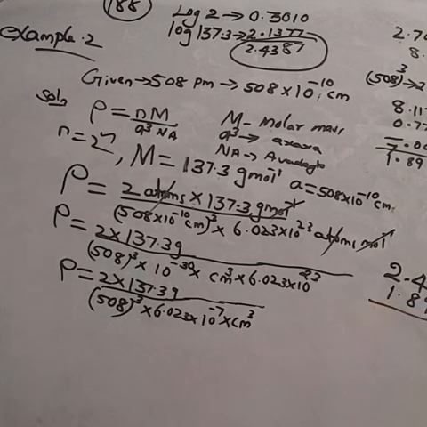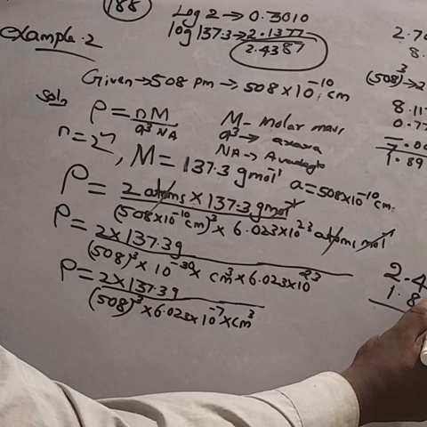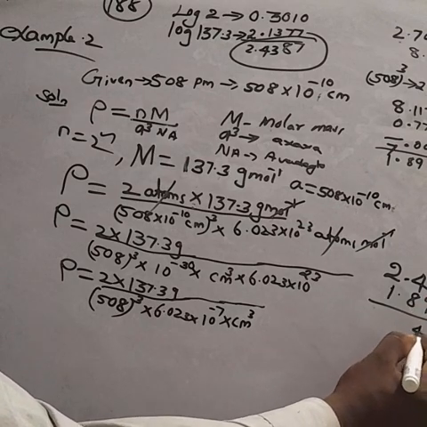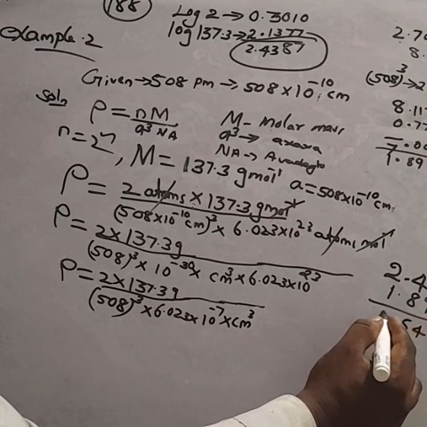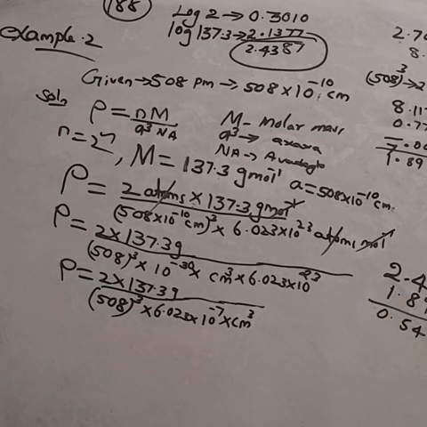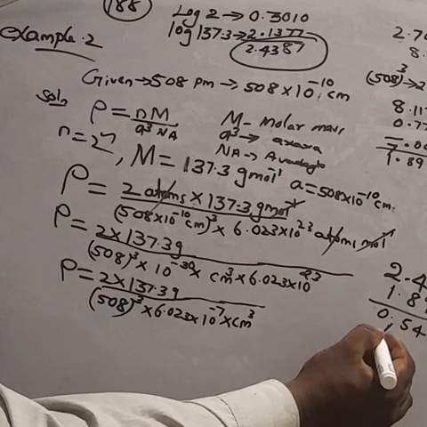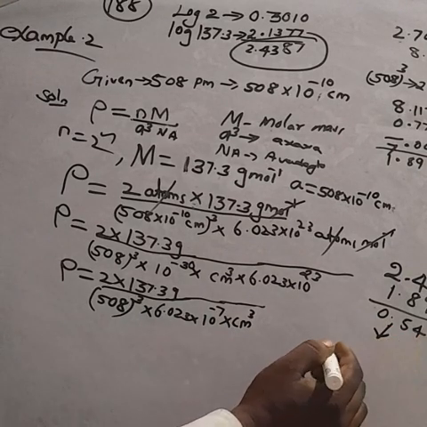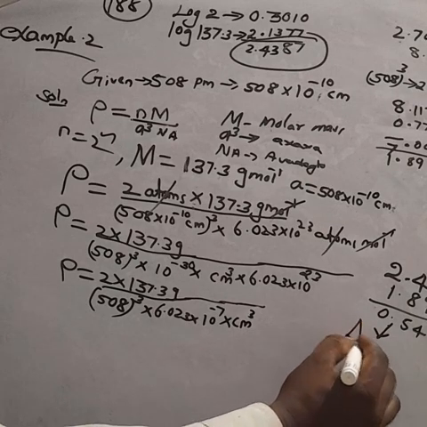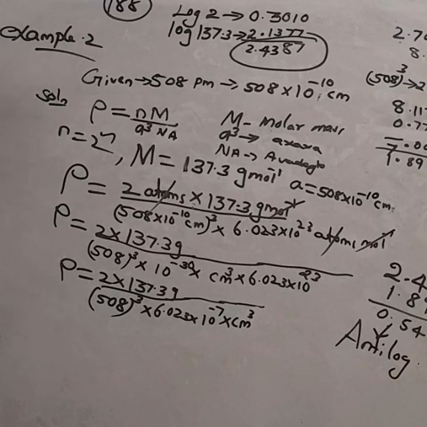When we are subtracting, what is the answer? 7 minus 5, 2, 1, 4, 5, 0 point, like that. Am I right? So we get 0.5412. Next we have to find the anti-logarithm of this value. We get 0.5412. You have to take the anti-log.